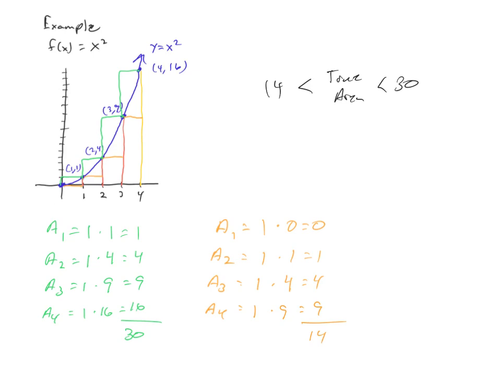Different ways of choosing your endpoints can give you a different approximation. Obviously, you could be sitting there saying, why don't we choose something other than an endpoint? That would give us a better approximation, and that's true. In this situation, we could. But for right now, we're just going to be content with saying that our true area is between 14 and 30.